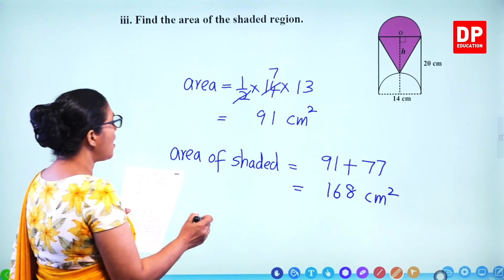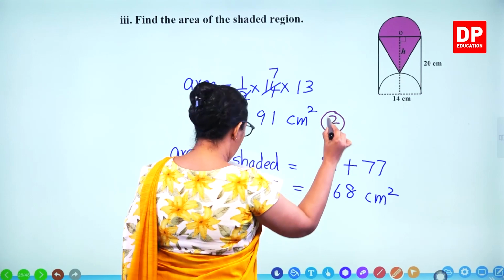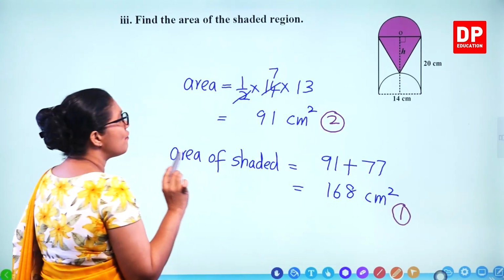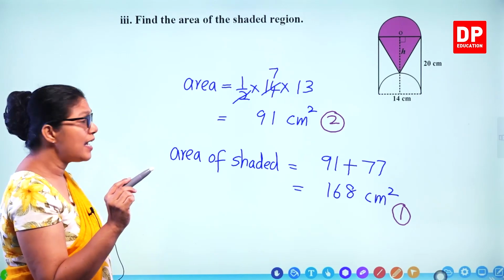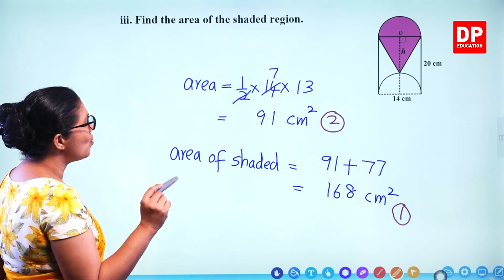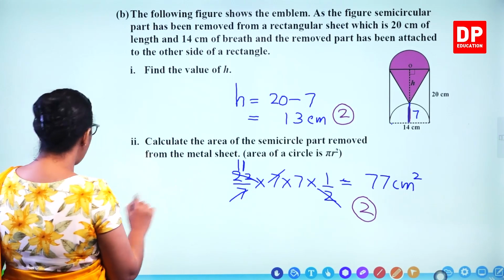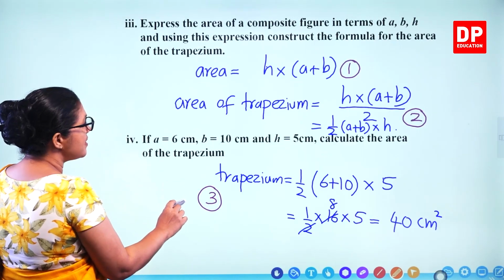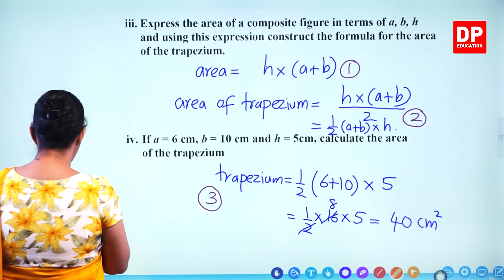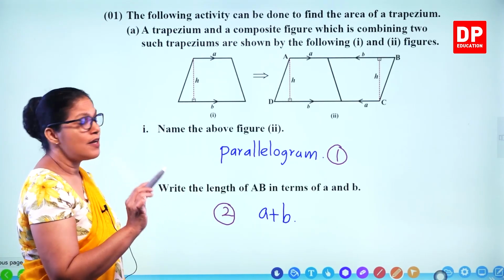You get 2 marks for finding 91 here and 1 mark for this. So altogether for the first question you need to get 16 marks. So let's see, 2, 3, 4, 5, 6, 7, 8, 9, 10, 11, 12, 13, 14, 15, 16 marks for the first question.